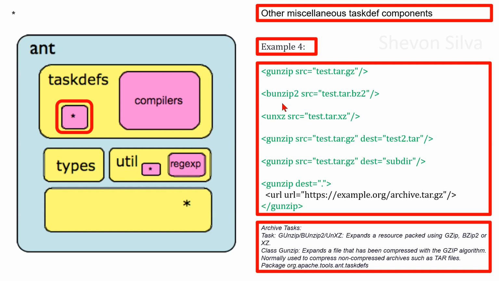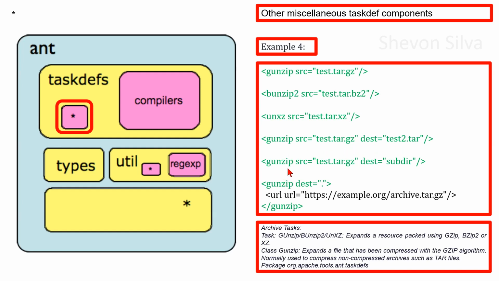Here expand test.tar.bz2 to test.tar. Here expand test.tar.xz to test.tar. Here expand test.tar.gz to test2.tar.